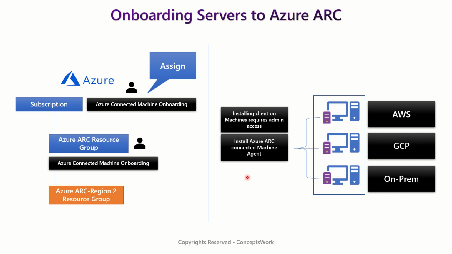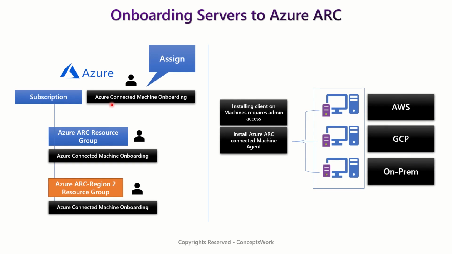But then there is a slightly more sophisticated approach you may want to take: you can have two different regions where two different individuals are responsible for getting the machines onboarded. In this case, the user for whom you have defined this permission at the subscription level will get access to both resource groups, and can onboard a machine to both of them.